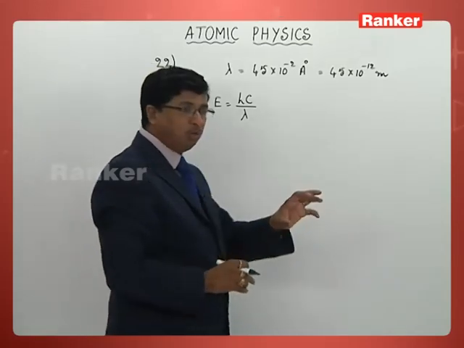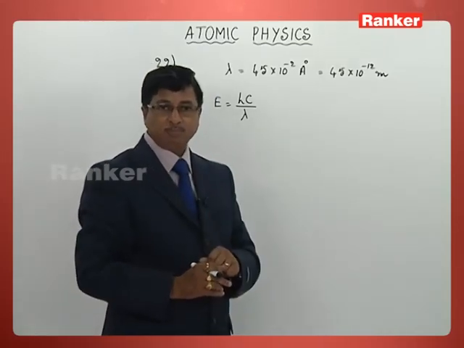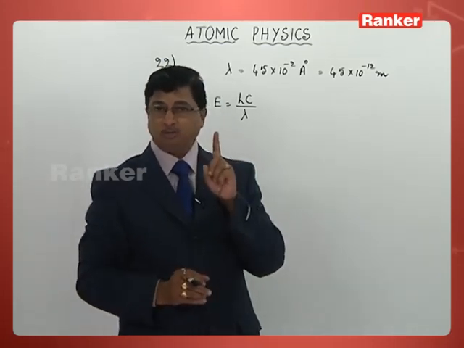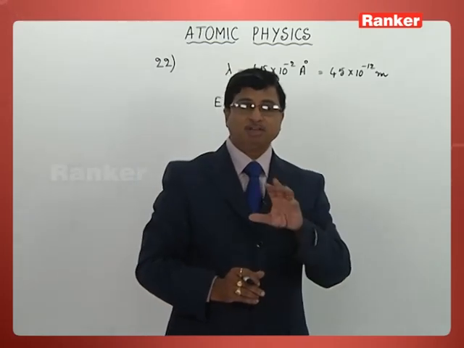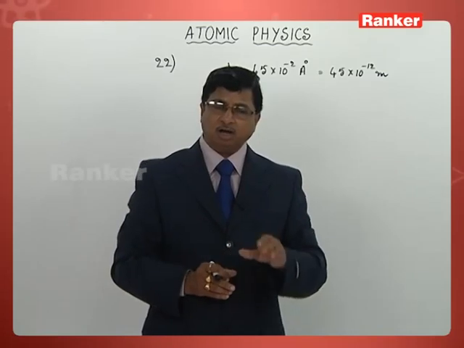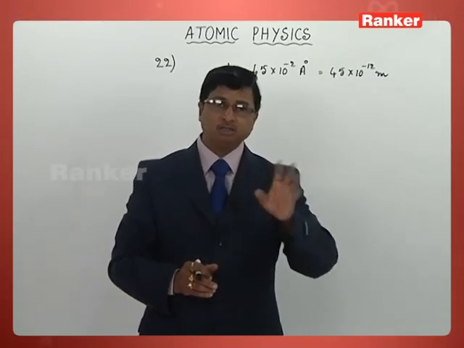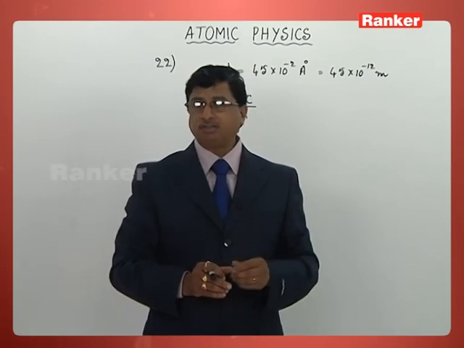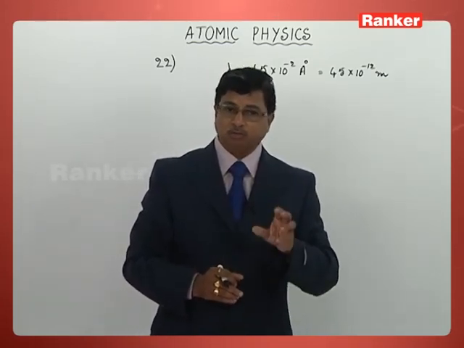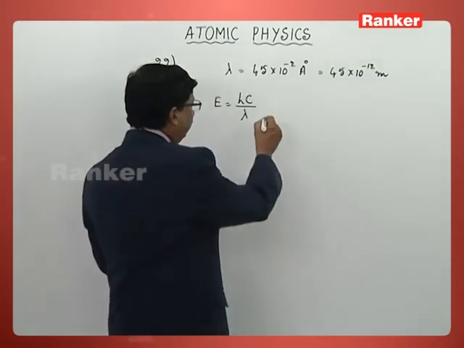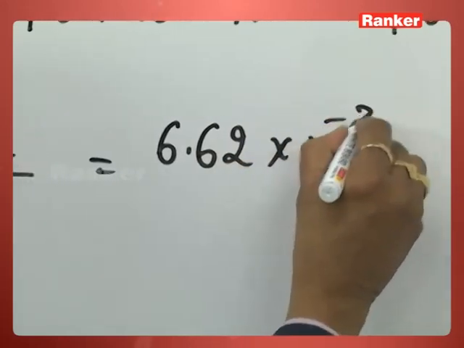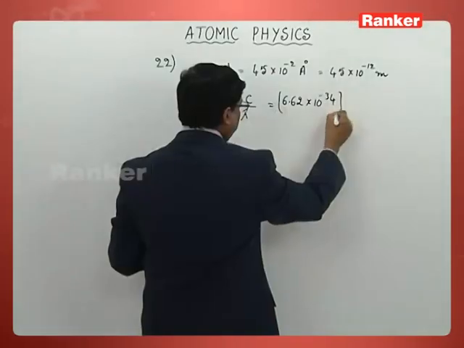And he has given you the value of h in the problem, the value of c also in the problem. That is one positive point you find in the JEE exam. Whatever constants we require for different problems in the paper, he will give you the data. You need not unnecessarily break your head about which value to take for that constant. So h is given as 6.62 into 10 to the power minus 34 joule second.